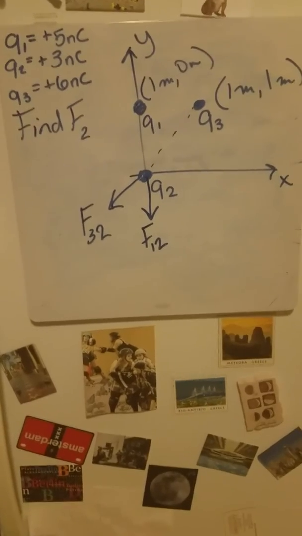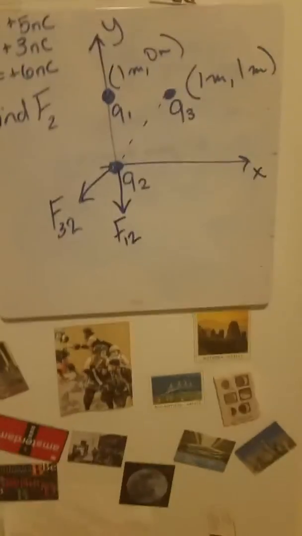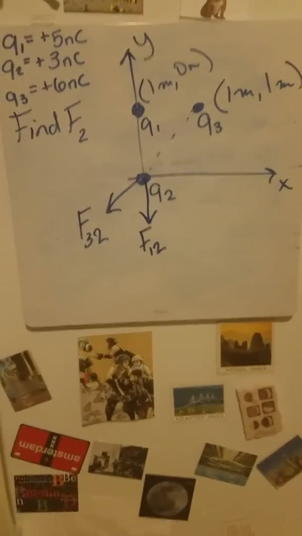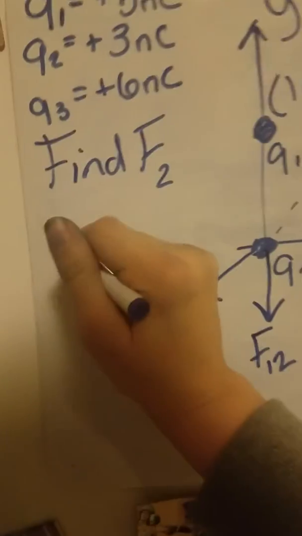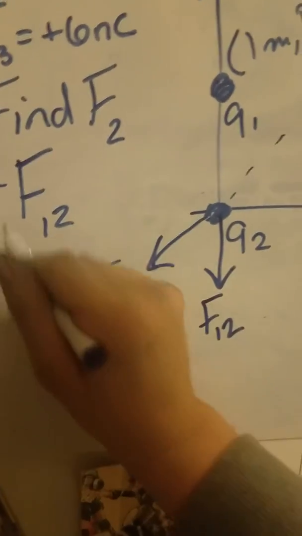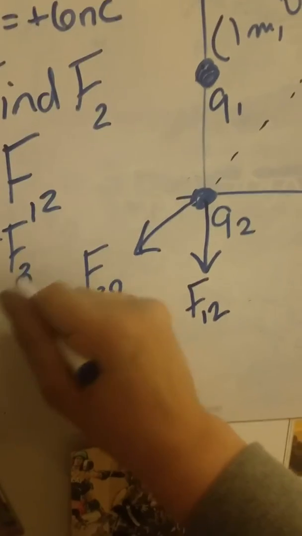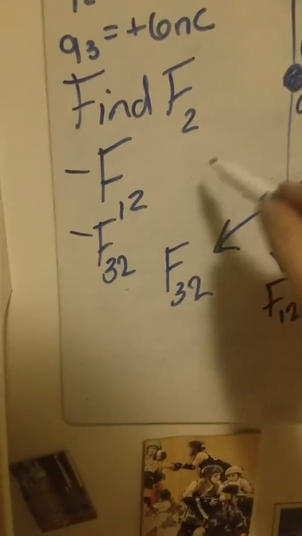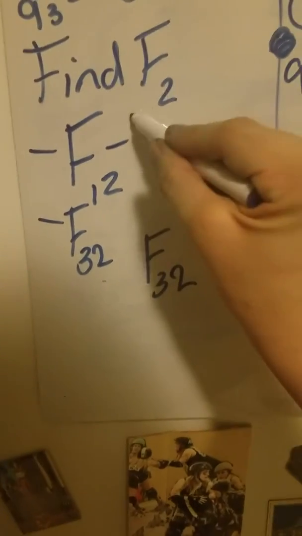So instead what we need to do is, yes, first we're going to find their magnitudes. We're going to find first F12, then we're going to find F32. But then we're not just going to add them together, we're going to break them into their x and y components.